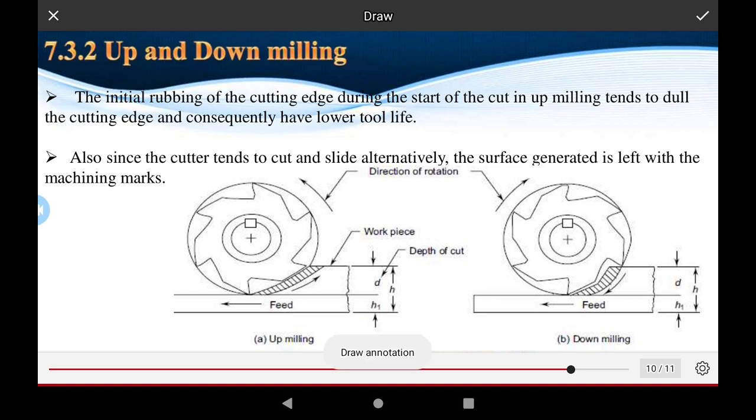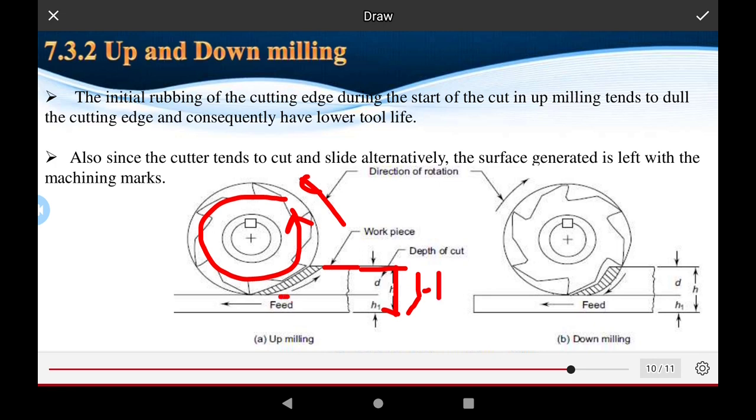This is the tool's direction, the tool's motion. This is the direction of rotation of the tool. This is the work width, this is the depth of cut, the total height is h, and this is the feed, the small h1, and the depth of cut is d. d is the depth of cut of the workpiece.